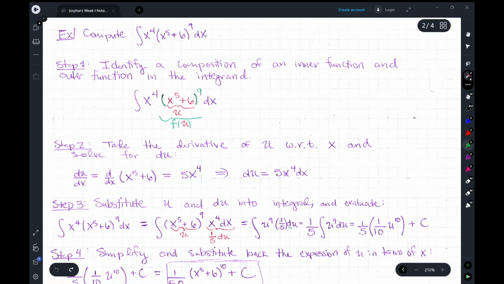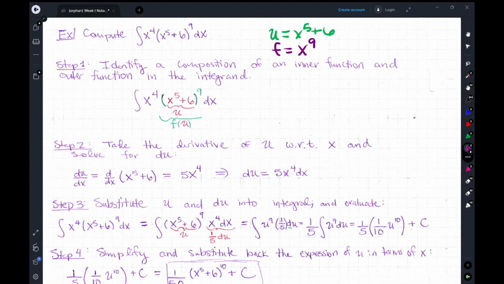If you chose u equal to x to the 5th plus 6, and f equal to x to the 9th, then f of u is the expression that you see right here.